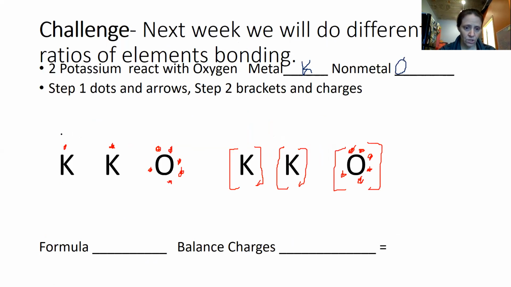Okay, so I have these 2 potassium, and oxygen wants to gain 2 electrons. I know that the metal is always going to lose the electron to the non-metal. So now I can see that one fits in here, because remember, all the single ladies, which is your single electrons, they want to pair up with the other single ladies on the other element and go out dancing.